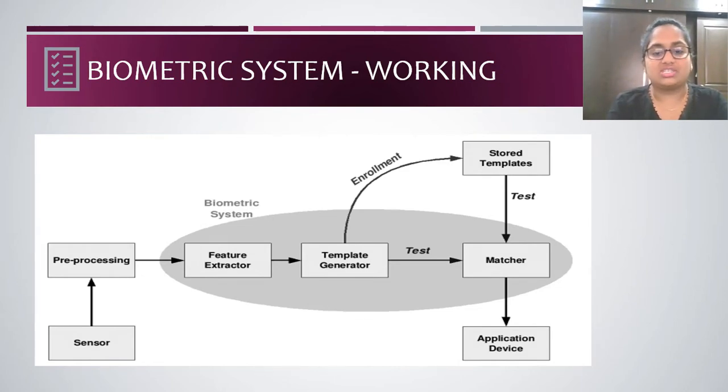The template generated from the input is then matched to the frequency domain images of the iris database that we already have. When the testing is done by matching the two inputs, the matcher gives the difference or similarity between the two irises we took as samples, and then the output is passed to the application device.